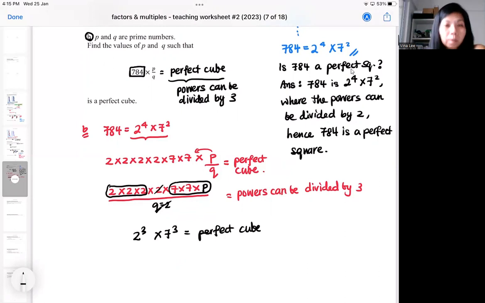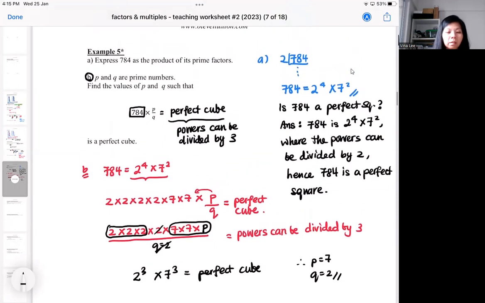In order for this to happen, P will be 7, Q will be a 2. Actually, you also don't need to show working. For some people, they can tell straight away. But if you need the understanding, then you got to work it out in this way, then you can see.